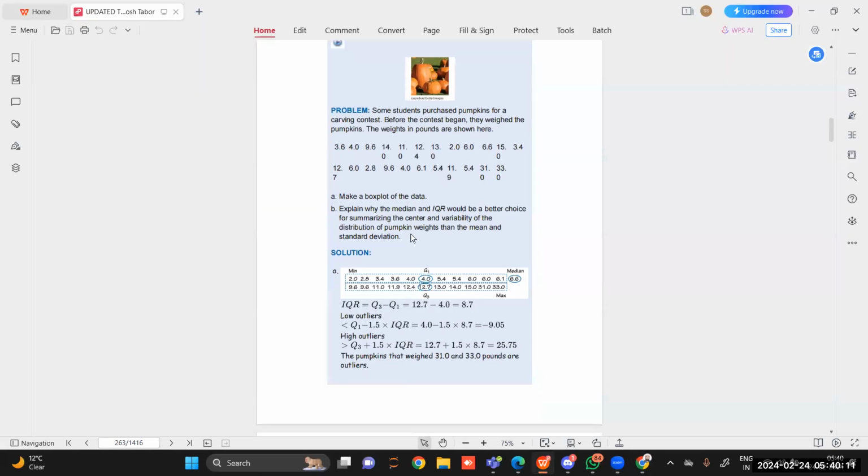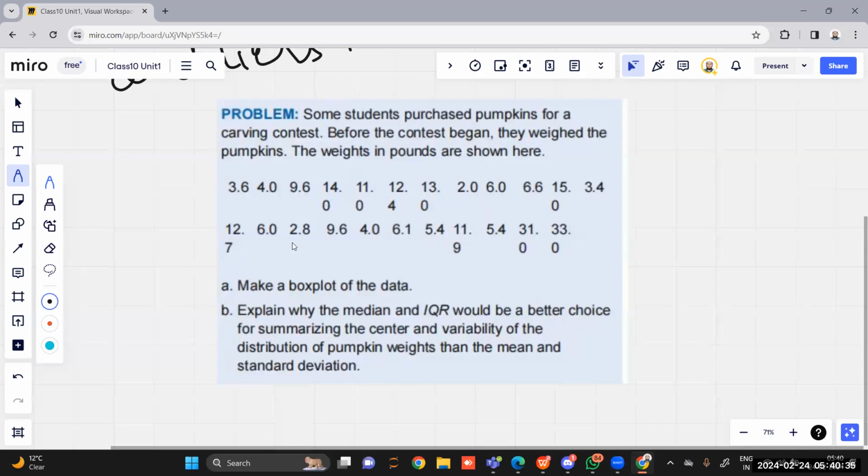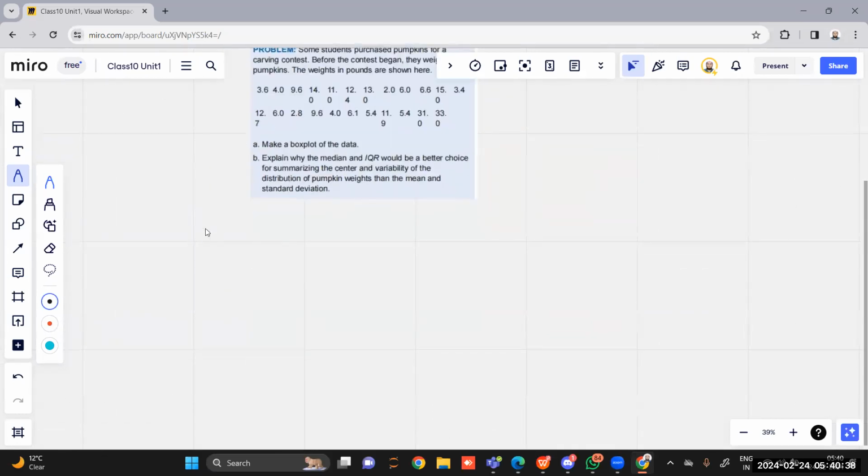Instead of sitting and calculating Q1, Q2, and IQR, I'll take the values from here. This is the data, where he has solved it. Q1 is 4.